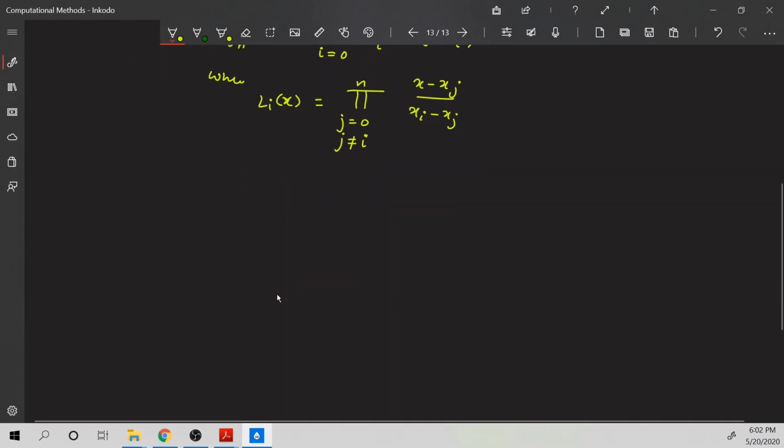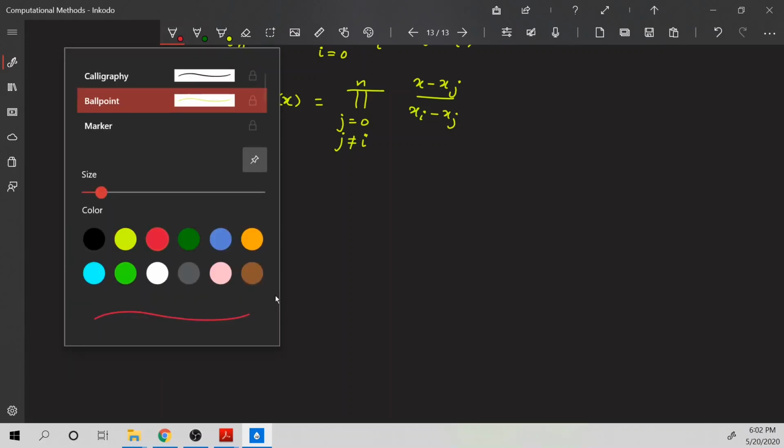Now let us see the formula for Newton's divided difference. Again, I'll write it down with a different color pen.